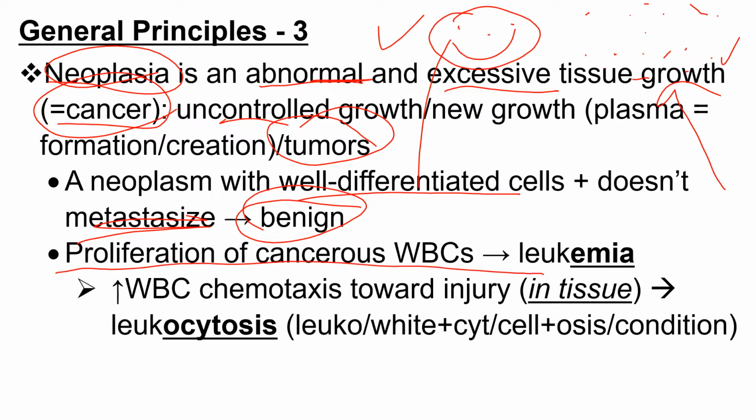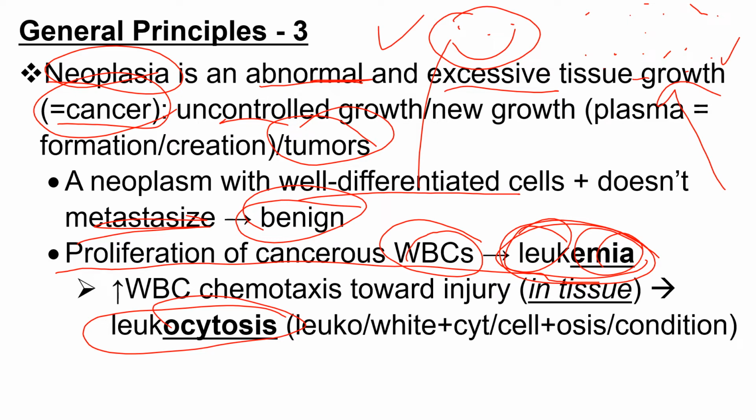Proliferation of cancerous cells of blood, the white blood cells, is called leukemia. Emia is blood, leukos is white, and don't confuse it with leukocytosis in the tissues.